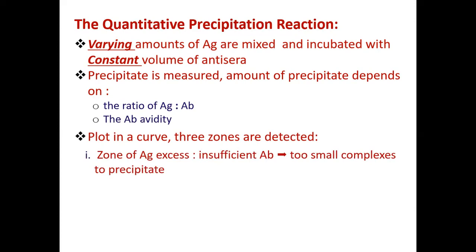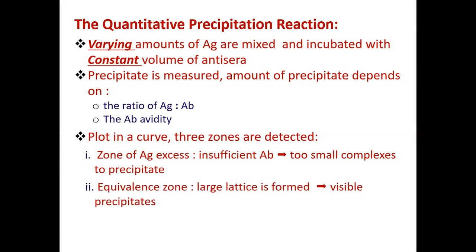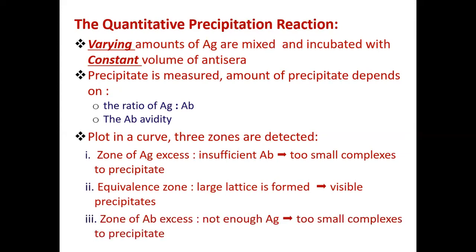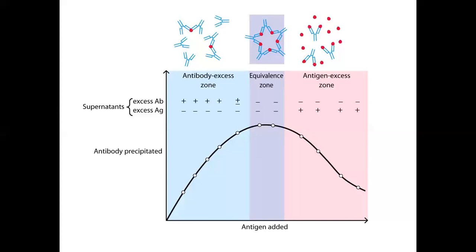So there is a zone of antigen excess, where insufficient antibody results in small complexes of precipitate, and an equivalence zone where large complexes of visible precipitate are formed, and also a zone of antibody excess, where not enough antigen results in small complexes of precipitate. That is what you can see in the antigen-antibody reaction in the three zones.